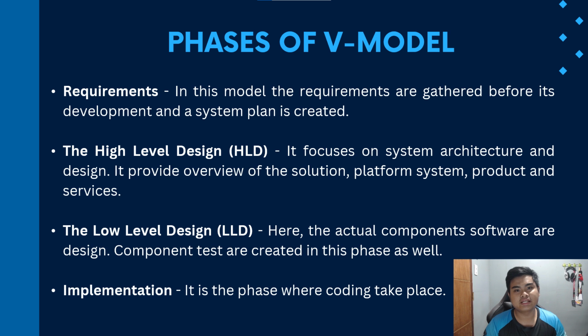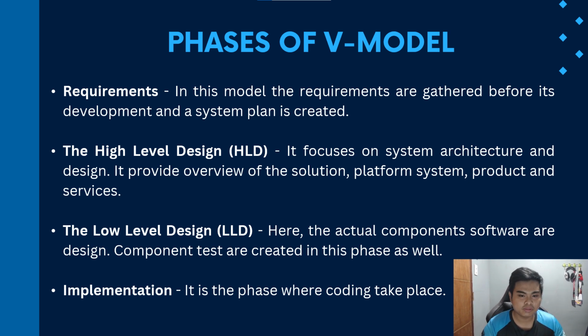Low-level design, or LLD. The main goal of the low-level design phase is to design the actual components or modules of the system in detail. This includes defining how each function, module, or unit will be implemented. The LLD phase involves detailing the design at the module level and preparing tests for each component.